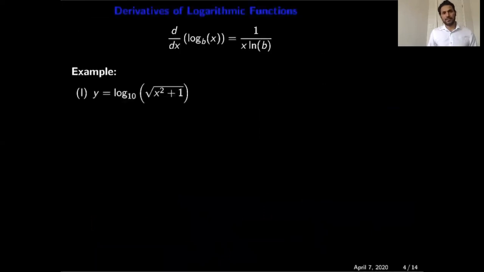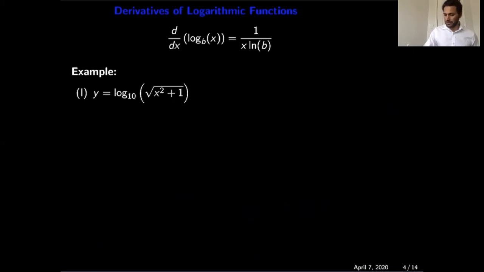Next, the derivative of the logarithm function which has a base b is given by this formula. The formula is 1 over x times the natural log of b.